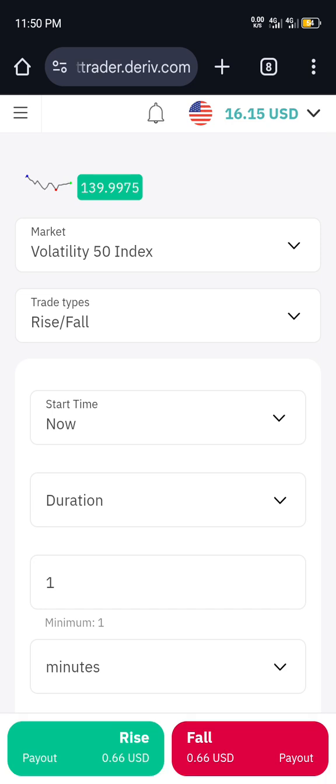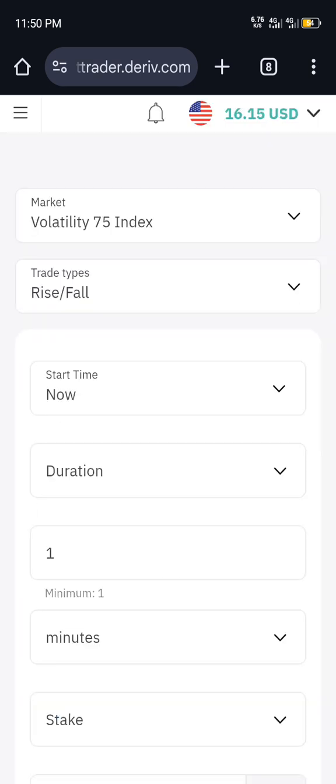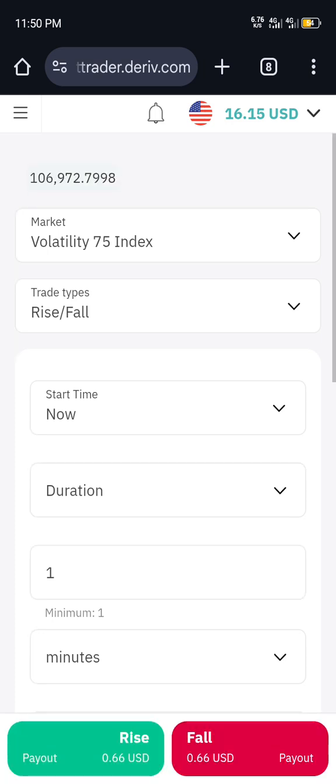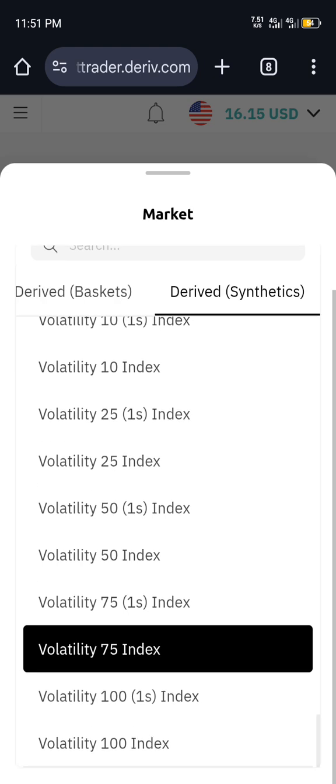Instead of wasting time that much, I check another market. I need good signals.